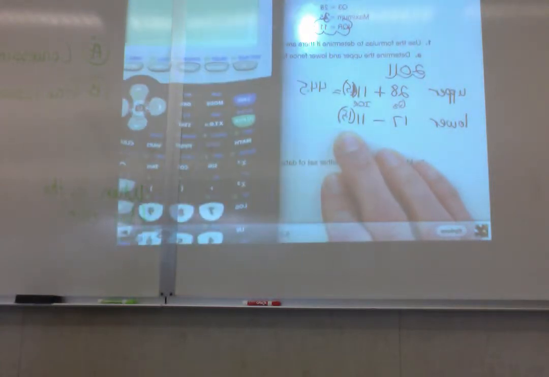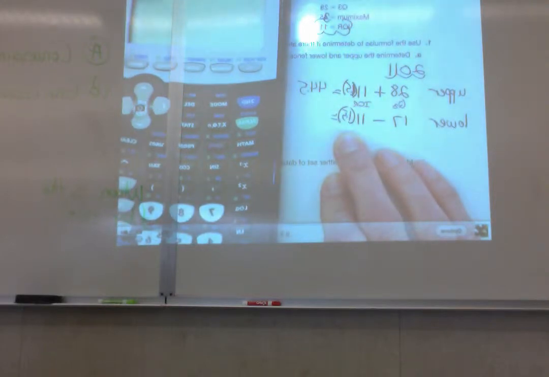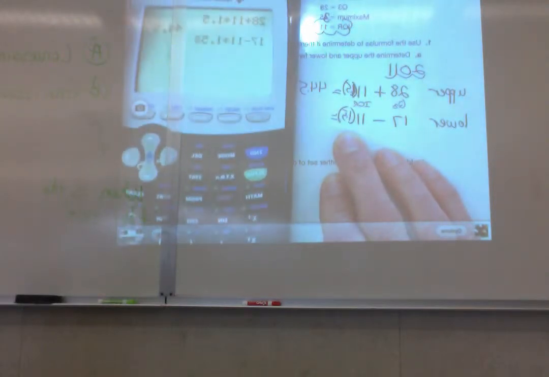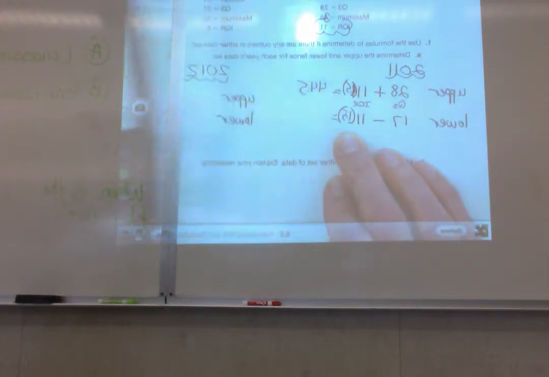And lower fence, 17 minus 11 times 1.5. The 1.5 they gave us. The 11 is the IQR. This is the top end of our middle box in the box and whisker. This is the bottom end of our middle box in the box and whisker. That gives 0.5.